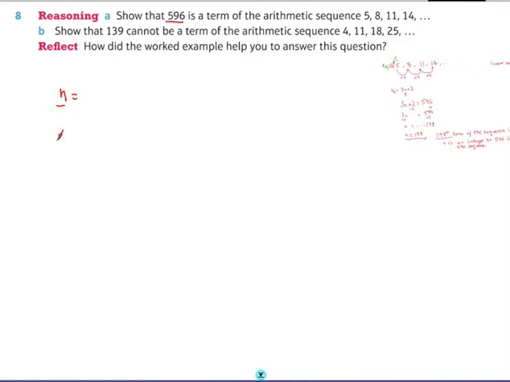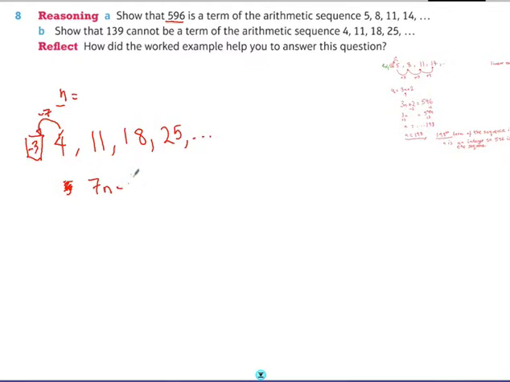First thing you've got to do again is work out the general formula of the arithmetic sequence. The difference here is 7. So it's going to be part of the 7 times table, or a multiple of 7. And if we go back a step, we need to subtract 7 and it'll be a minus 3.